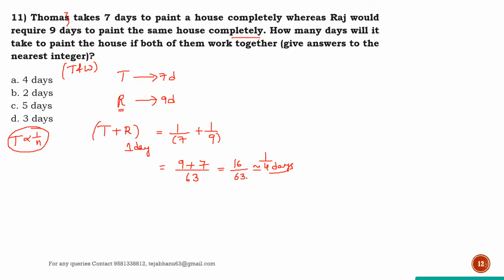That is 1/4 we will get. If Thomas and Raj do 1/4 of the work in one day, then the total work is completed in 4 days. This is the general method. Now, coming to the shortcut.